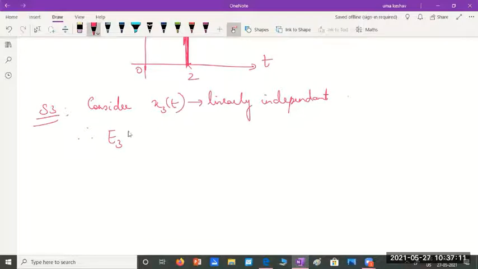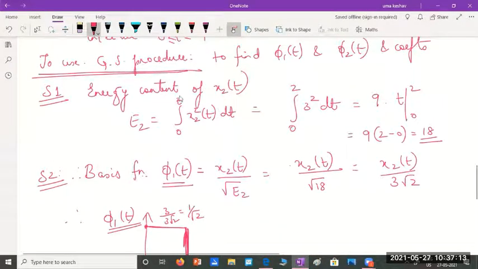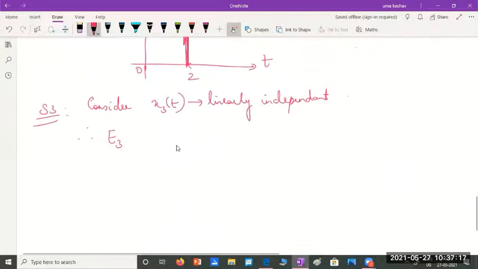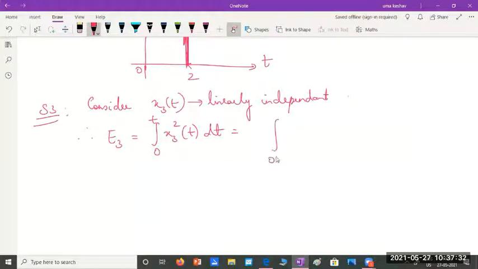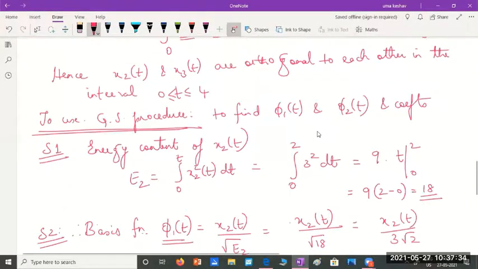Like it is similar to this. I told you, like maths. Like how we considered x2 and found the energy, you have to find the energy in x3 of t. So what is the energy in x3 of t? Integral of x3 square dt. And this x3 existed from where to where?